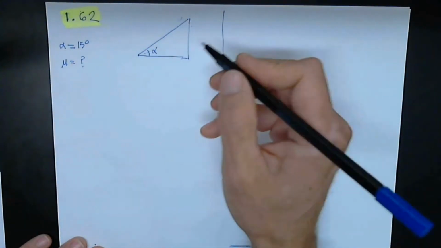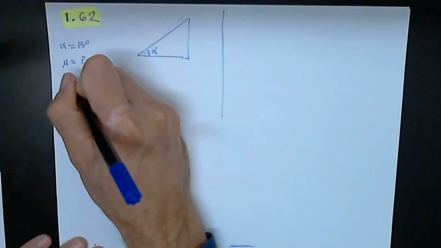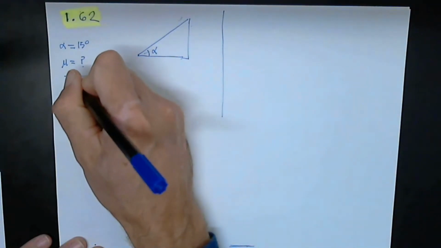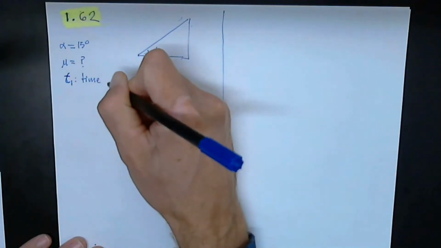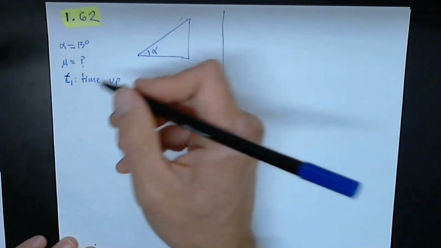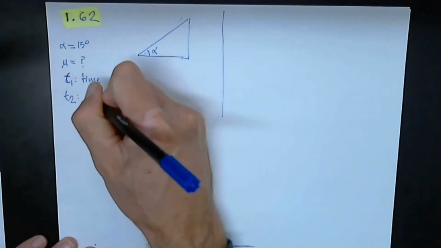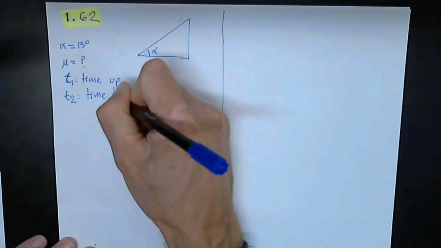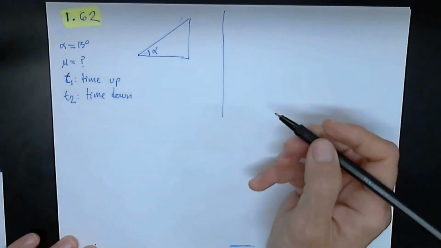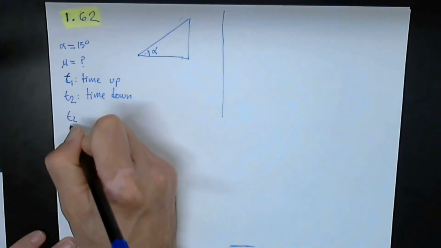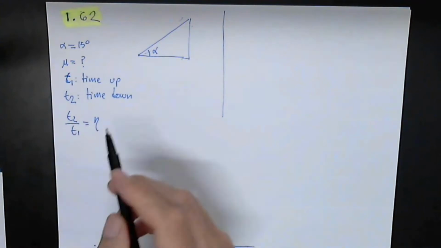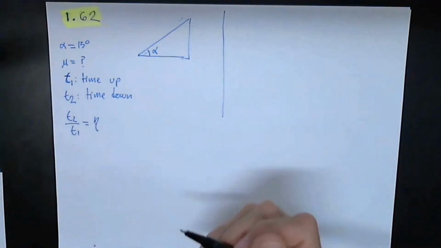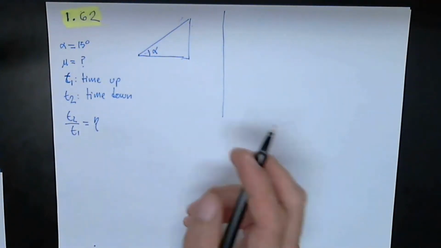Let's call T1 time up and T2 time down. And they say that T2 over T1 is this Greek letter, which is 2.